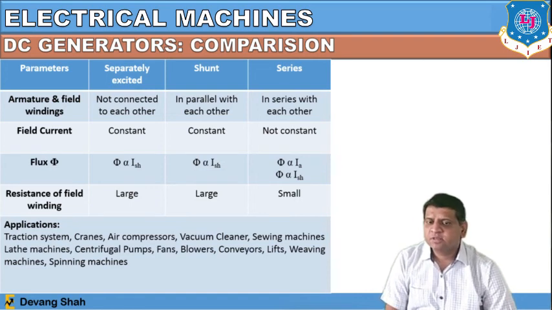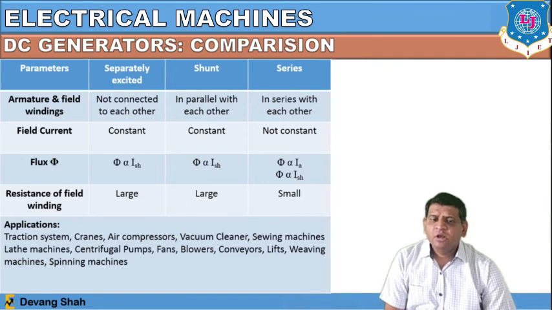Similarly, the flux is proportional to the current flowing in the shunt winding, but in series the flux is proportional to both armature current as well as the shunt current or field current. Now the resistance of field winding is very large for both separately excited and shunt, but very small in the case of the series.